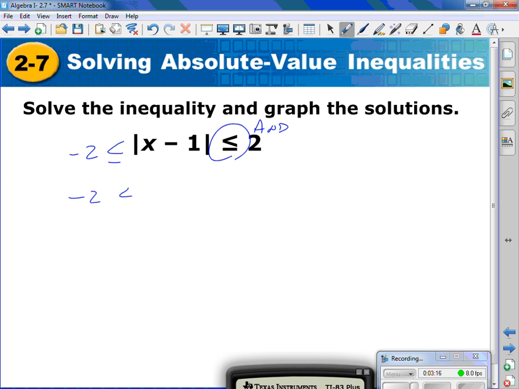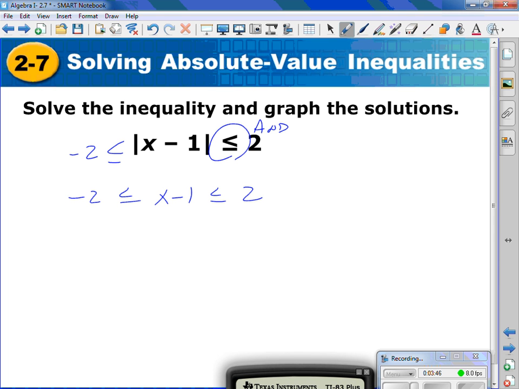Negative 2 less than or equal to x minus 1 less than or equal to 2. Instead of breaking it into two separate problems, I just tack on a back end piece. Remember how we solved ands and ors early on in the chapter? What do we need to do to solve this problem?